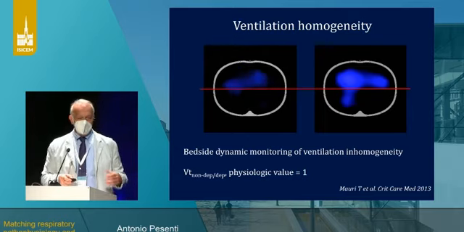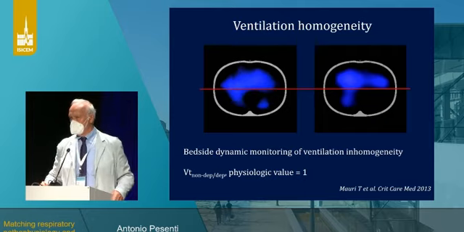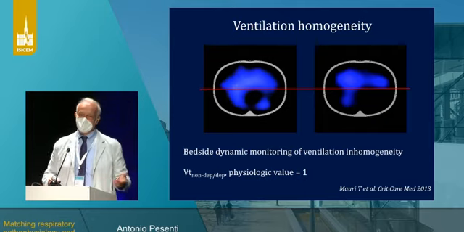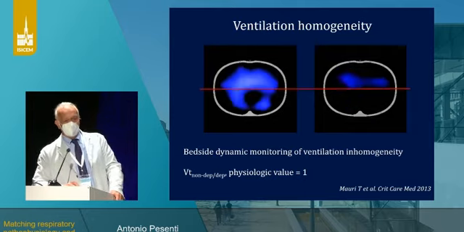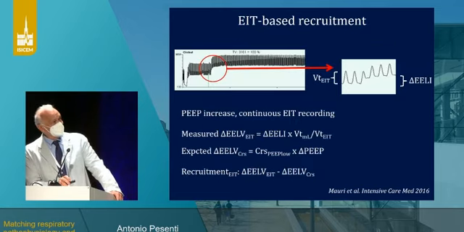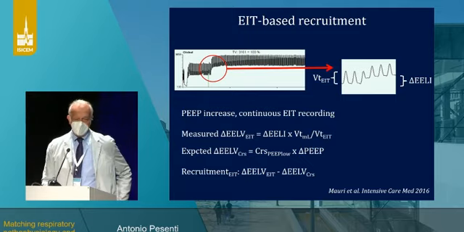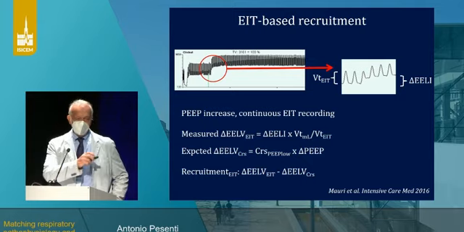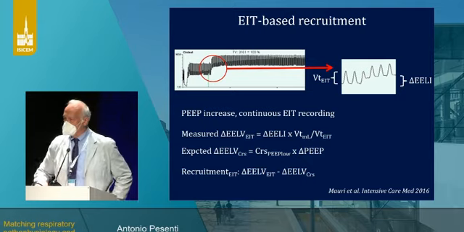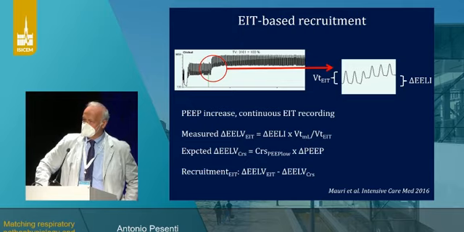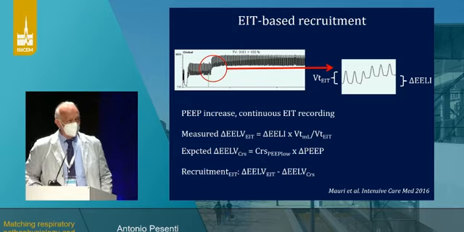We can see how much air we have, whether the air in the lung is increased or not, as an example by applying PEEP. And here you see the effect of increasing PEEP, and it shows that the end expiratory lung volume has increased, and you can compute whether there is recruitment or not.